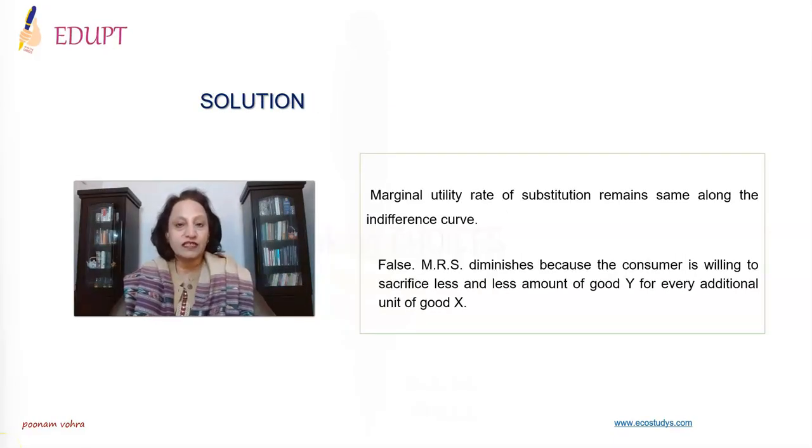This is a false statement, as marginal rate of substitution diminishes along the same indifference curve. It is so because the consumer is willing to sacrifice less and less units of good y to get each additional unit of good x.